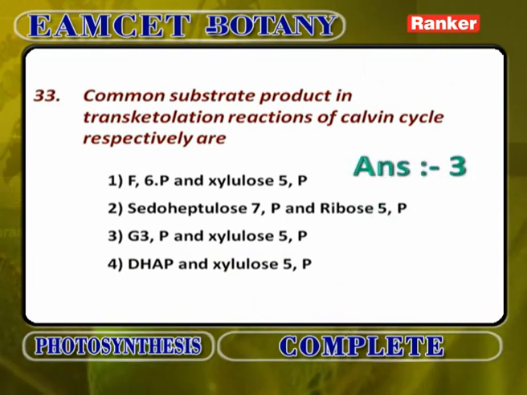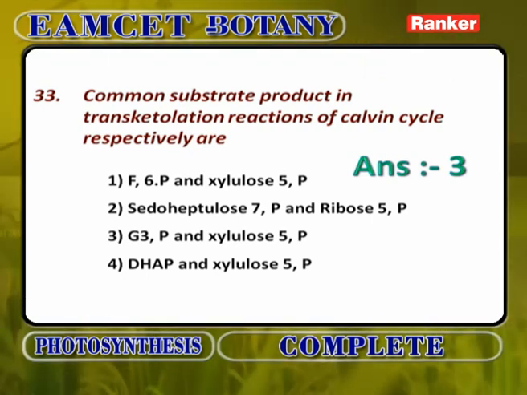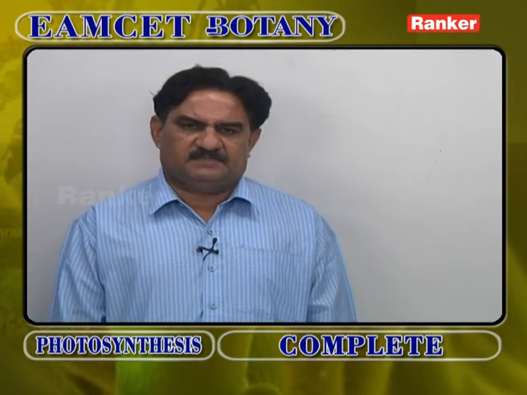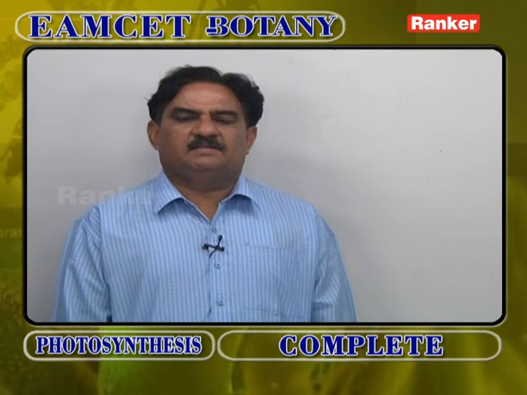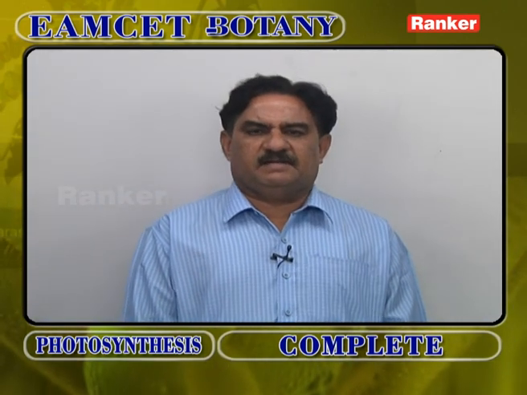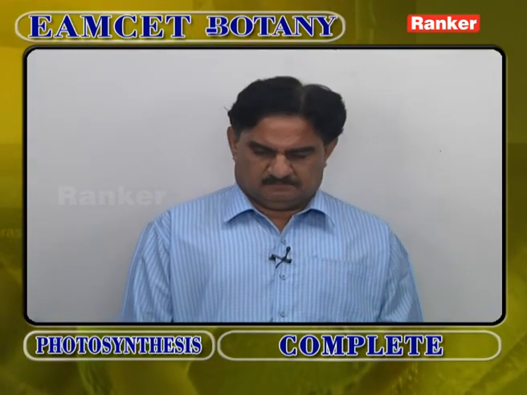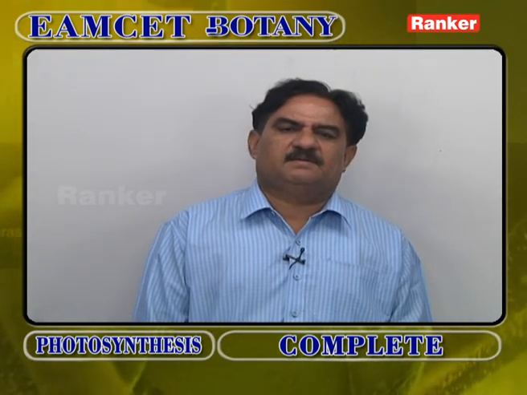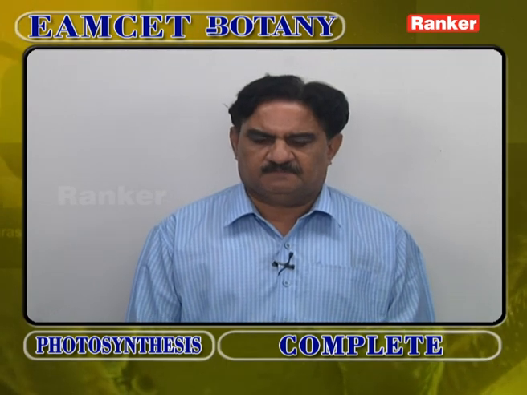Common substrate and product in the transketolation reaction of Calvin cycle, respectively. Whenever fructose 6-phosphate combines with glyceraldehyde 3-phosphate in the presence of transketolase enzyme, the 5 carbon compound xylulose 5-phosphate and the 4 carbon compound erythrose 4-phosphate are formed.